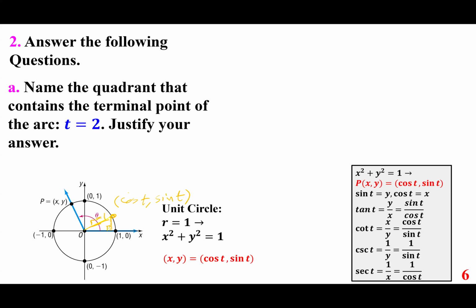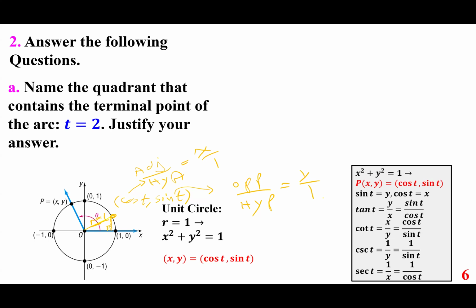And I hope you remember, cosine is the adjacent over the hypotenuse. Because the hypotenuse is 1, adjacent is the x coordinate, so it becomes x over 1. Whereas sine is the opposite over the hypotenuse, and the opposite is y over 1. Because the radius is 1, we just get y. But if the radius is not 1, it's just y over r. So that's a general statement.